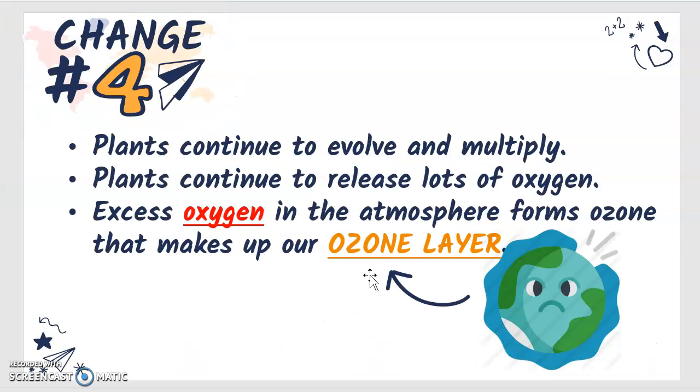Change number 4: plants continue to evolve and multiply, and continue to release lots of oxygen. So the oxygen in the atmosphere forms ozone that makes up our ozone layer. Watch out for the ozone layer, as we'll be discussing this in a separate video.